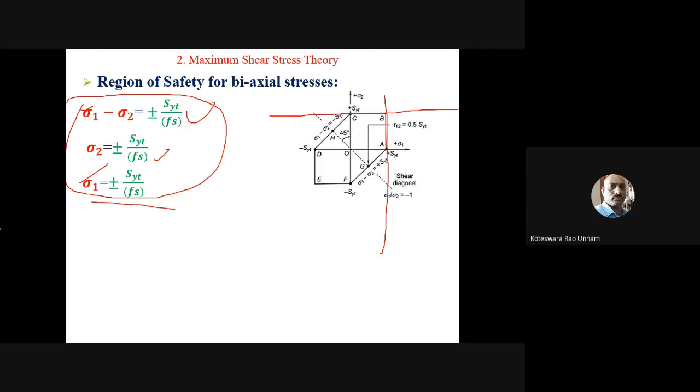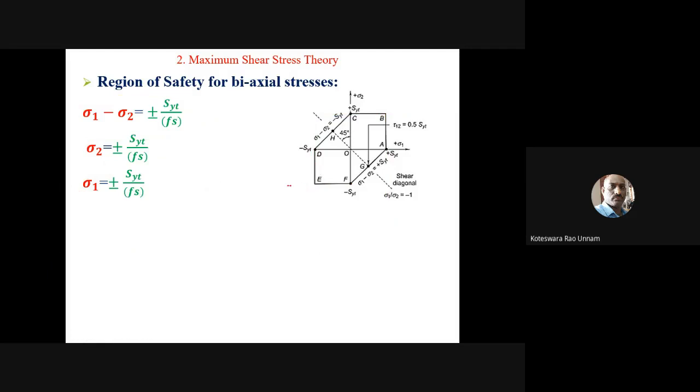Then I'll also take the negative values. Sigma 1 is equal to minus S by D means I'll get this line. And similarly, sigma 2 is equal to minus S by D means I'll get this line.